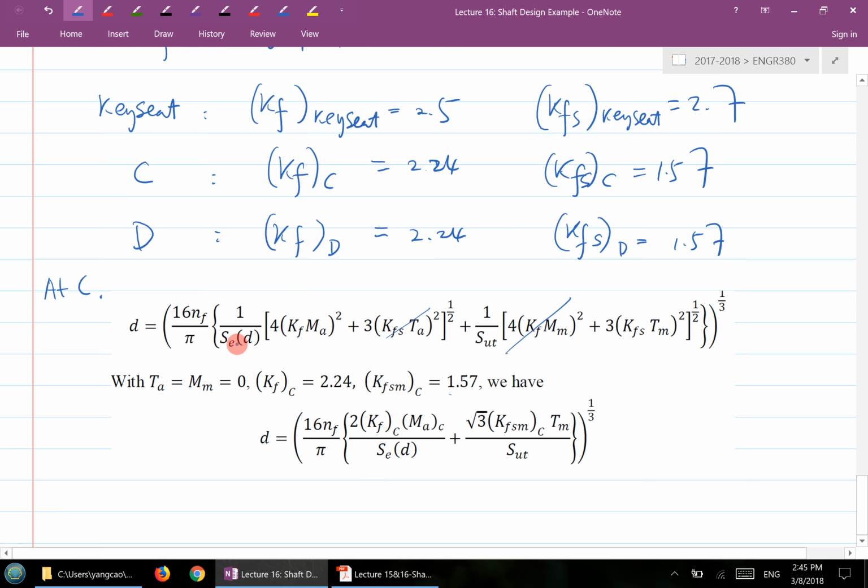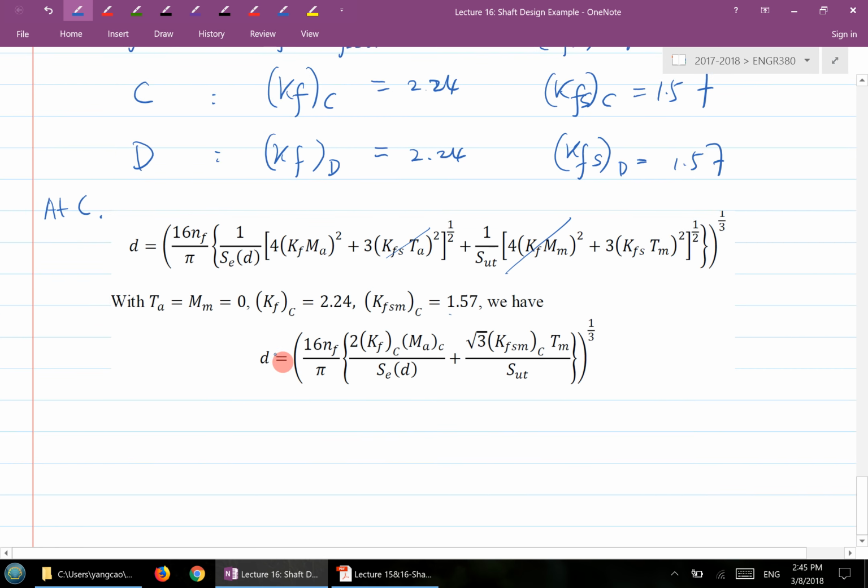But SE, we don't know what it is, so basically you have a simplified version, which is D equal to this expression on the right side, which is a function of D itself. So what you're looking at is a nonlinear equation: D equal to a function of D.